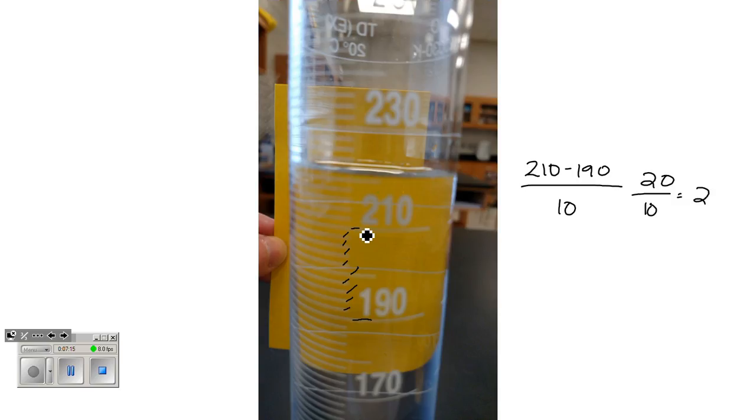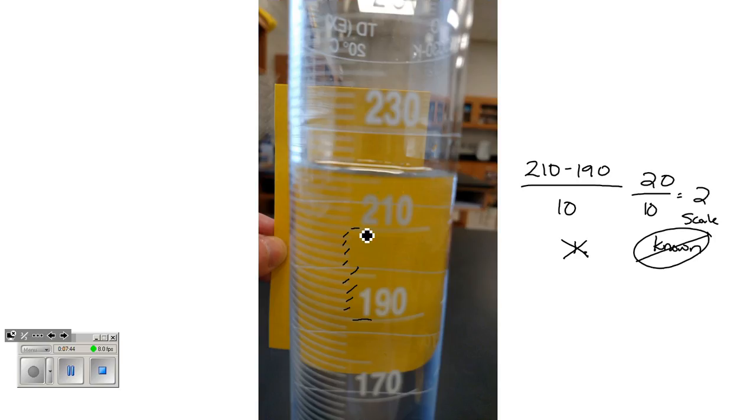So this gets a little bit tricky because although 2 is a number that is in the ones placeholder, right? This graduated cylinder does not have a mark for every one. So we have to be really careful with this. We cannot say that this may be the scale of the tool, but this is not the known value of our measurement.